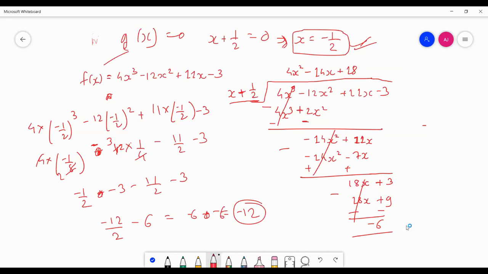So our answer should come minus 12. Why is it coming minus 6? Let us see. Can you see the mistake somewhere? Try to see the mistake if it is happening somewhere.